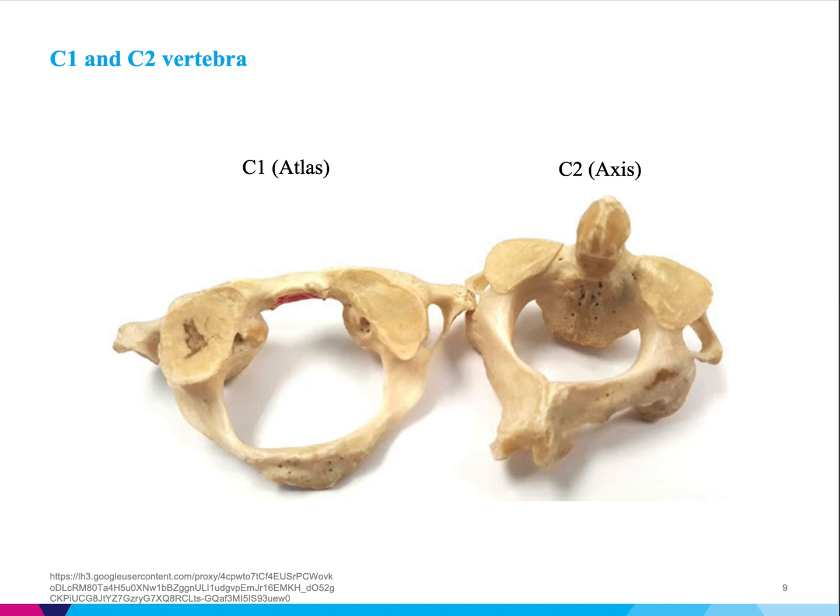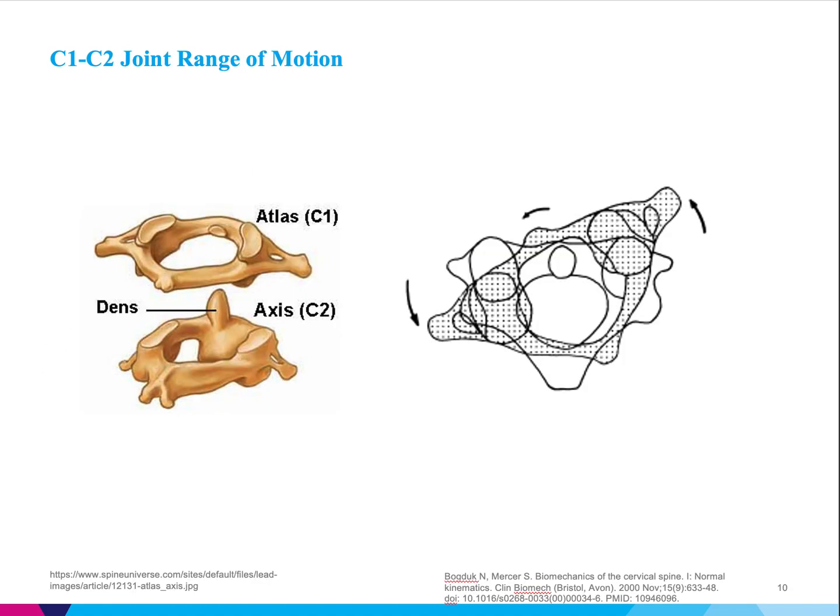So if we then move on and we look at how C1 rests on top of C2, the shallow or flat articulating surface really allows for a lot of motion, and the primary motion that we use in our day-to-day life is axial rotation. So where C1 is rotating about C2, and the point of rotation is approximately along this process of C2 that we call the dens.